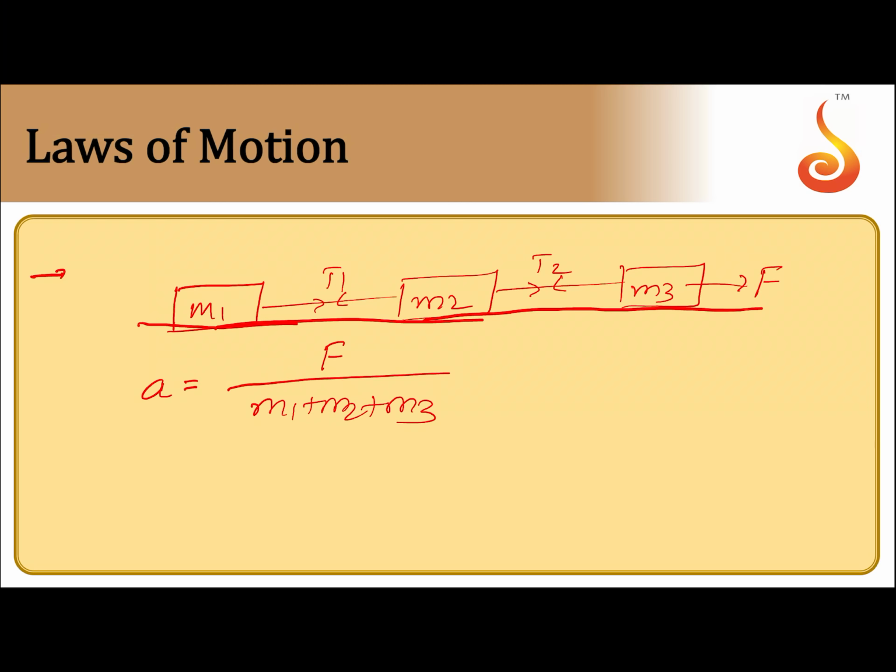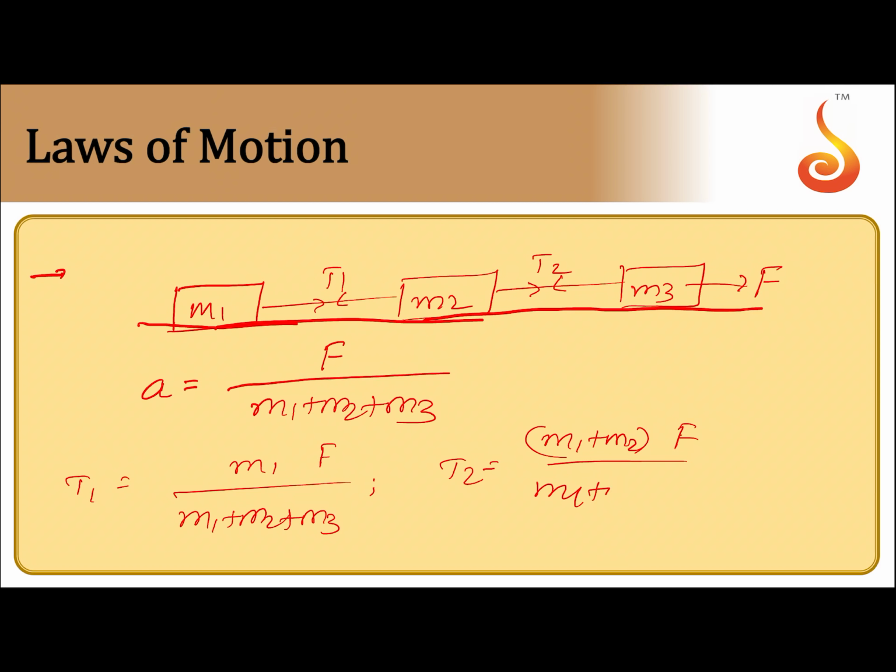Then T1 is equal to m1 F divided by m1 plus m2 plus m3. T2 is equal to, this is going to be m1 plus m2 into F divided by m1 plus m2 plus m3. Correct?